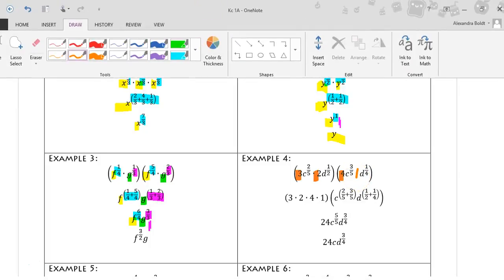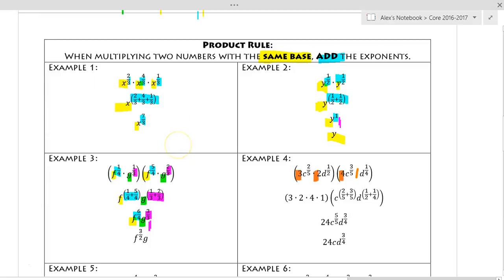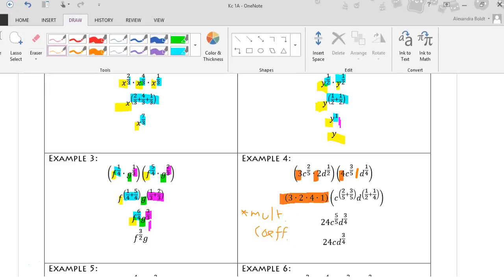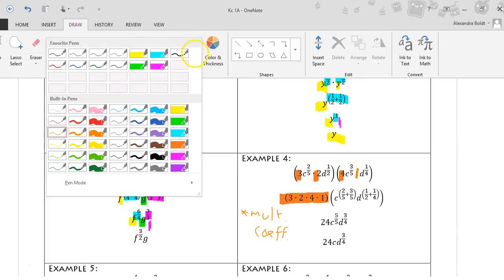If there's not actually a number in front, it's just 1. So I pull all of those out. So I'm still multiplying the coefficients. Okay, I multiply coefficients.